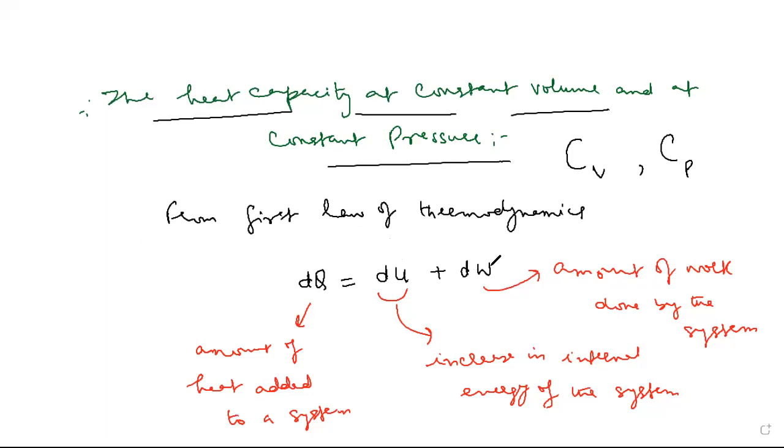Here we are using the convention that positive work is work done by the system on the surroundings, and negative work is the work done by the surroundings on the system. And positive heat means heat put into the system. Negative heat means heat rejected by the system to the surroundings, right? So let me name this equation first. Let us move forward.